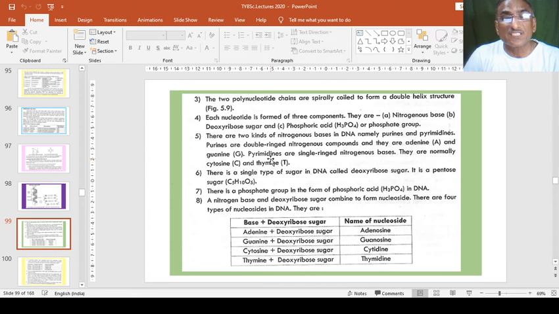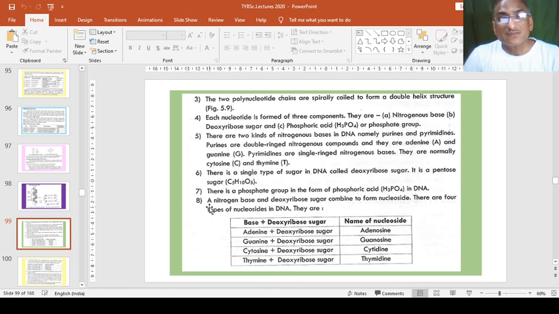So these are the bases, and there is a single type of sugar in DNA called deoxyribose sugar. There are no varieties of sugar, only one sugar, deoxyribose, is present. It is a pentose sugar, or we can say a carbon 5 ring. There is a phosphate group in the form of phosphoric acid, generally called H3PO4, in the DNA.